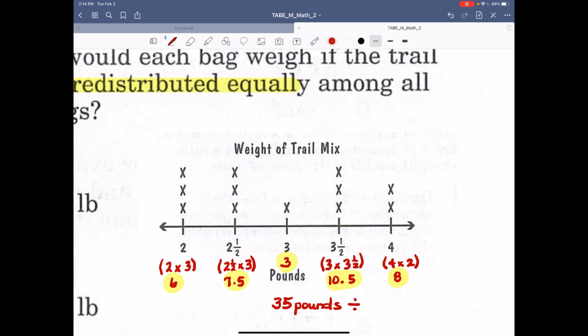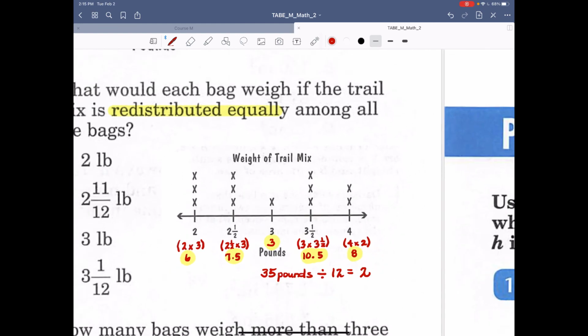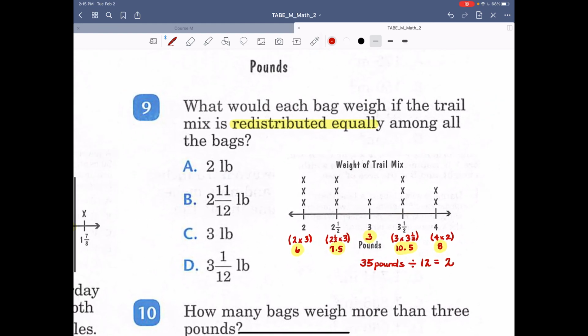Divided by how many bags? So we need to count the X's. I've got 6, 7, 8, 9, 10, 11, 12. So divide 35 by 12. We're going to equalize the bags. And that's going to be 2 and 11/12 pounds.